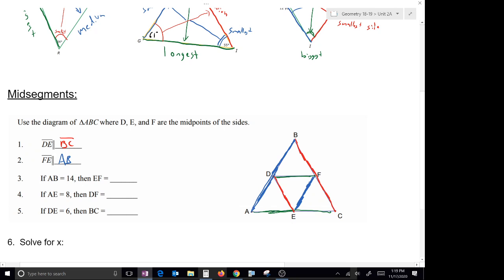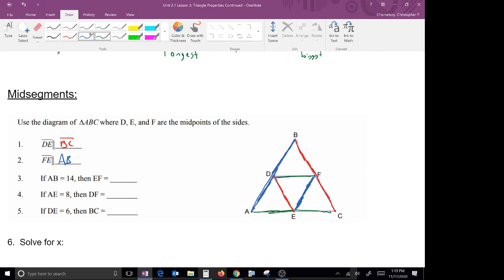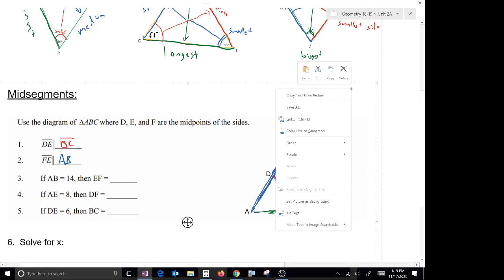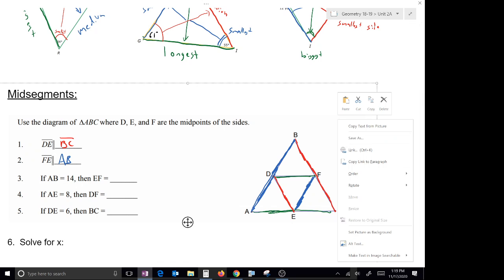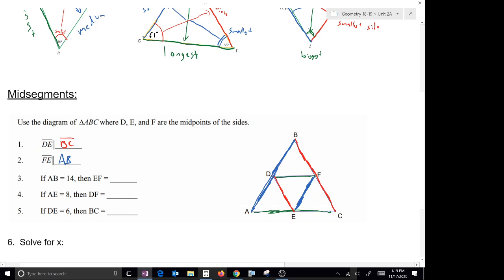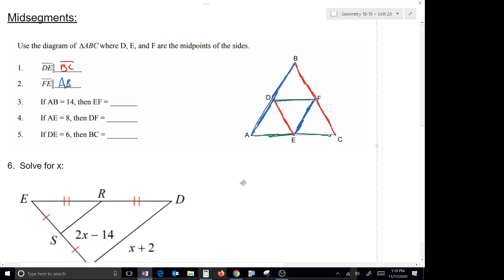Okay, so next question is asking if AB is 14. That's 14. It's asking what EF is. So remember the corresponding mid-segment is half that length. So EF has got to be 7.